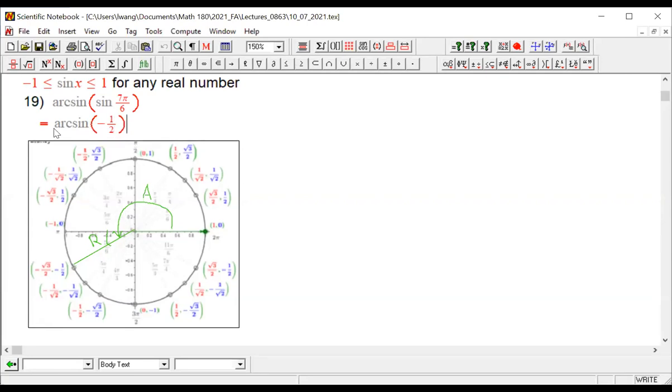And from ArcSine negative half, you already know the definition, right? You know that that's a sine ratio. You know the ratio, you want to find the angle. Because this is ArcSine, these two quadrants are gone because the range of ArcSine is between negative pi over 2 and pi over 2.